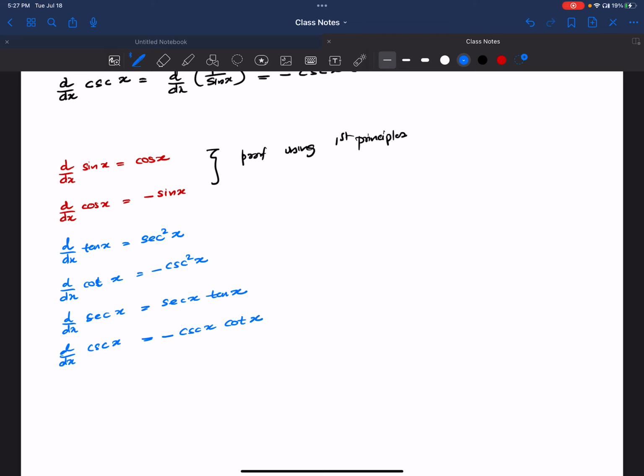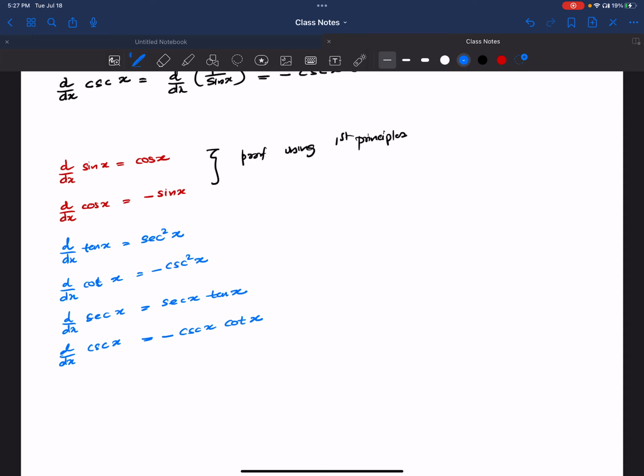So these are the derivatives of trigonometric functions, and we can use whatever rules we have learned so far to solve these problems.